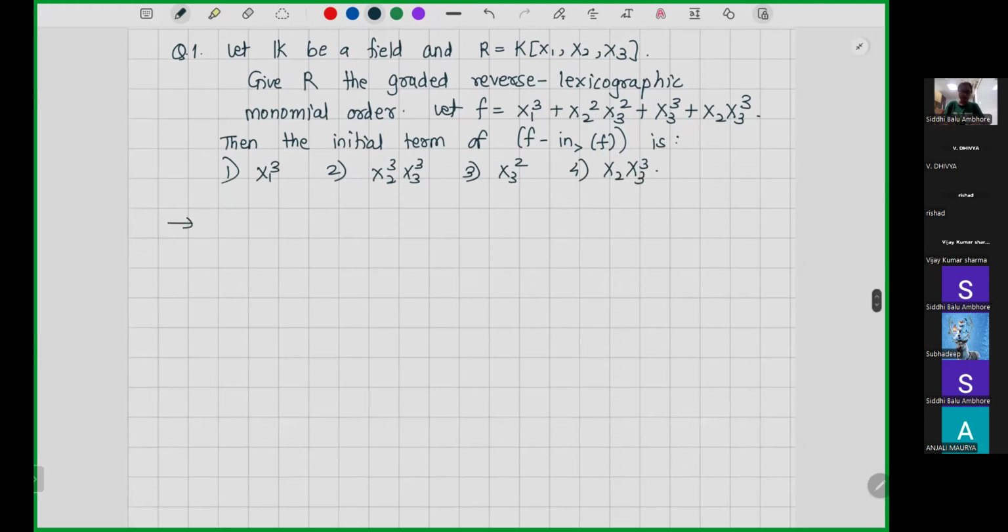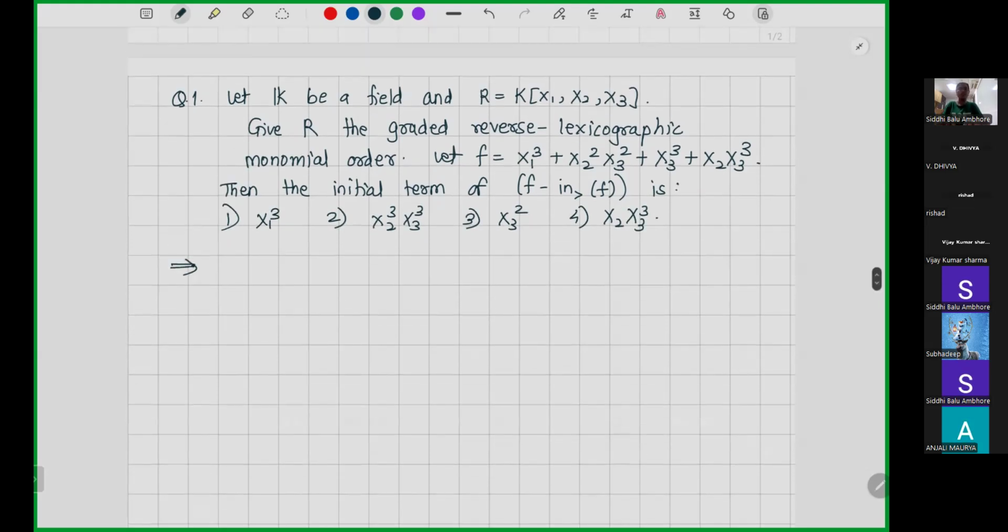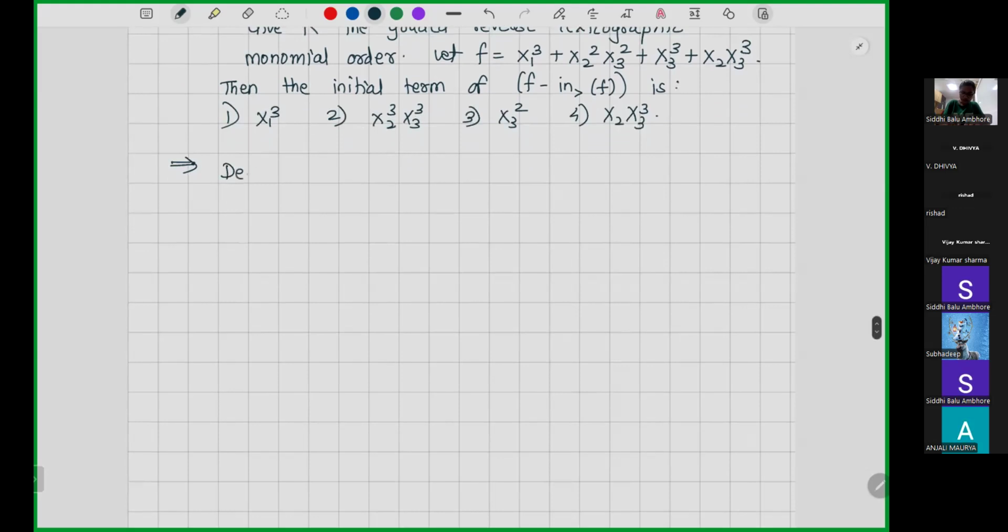Let me just recall the definition of initial term. In order to define initial term, let us first define what a term is. Let f belong to R minus 0. R is some commutative ring with multiplicative identity, and to define this we do not actually need an order. So let R be any ring and f be any non-zero element of the ring.